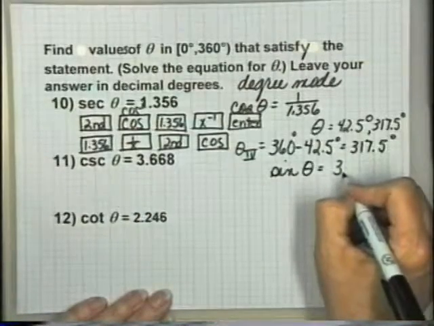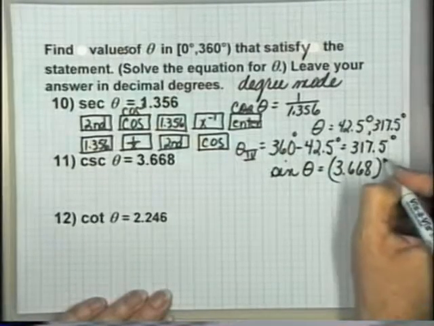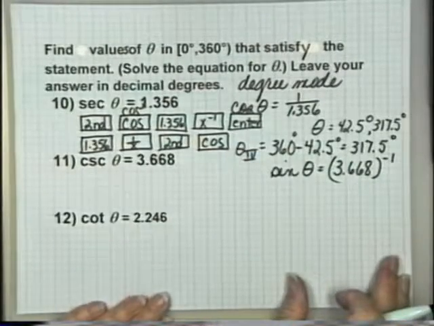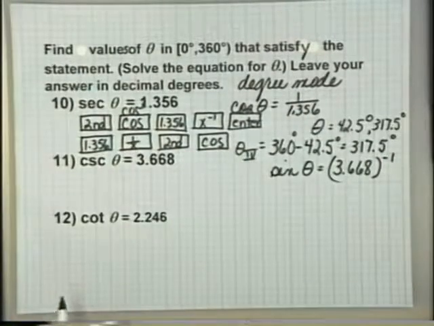Another way to represent a reciprocal instead of 1 over the number is to write the number to the negative 1 power. We could do this or we could do that with it.